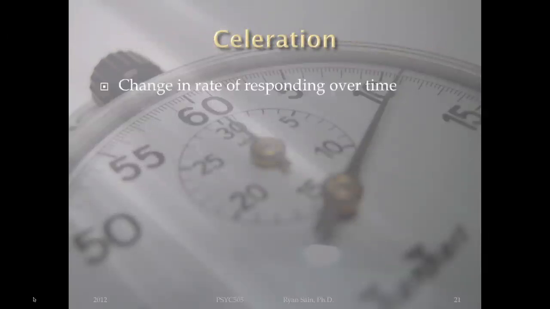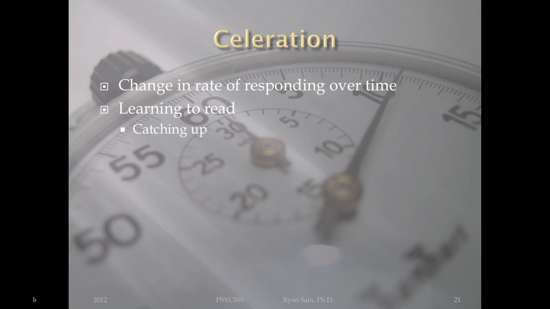Acceleration: a change in the rate of responding over time, basically like learning to read. So when we think about acceleration charts, this is a change in the rate, and a rate is a change as well. So it's kind of an odd thing to calculate, but a change in the rate of change is essentially what you're after here.